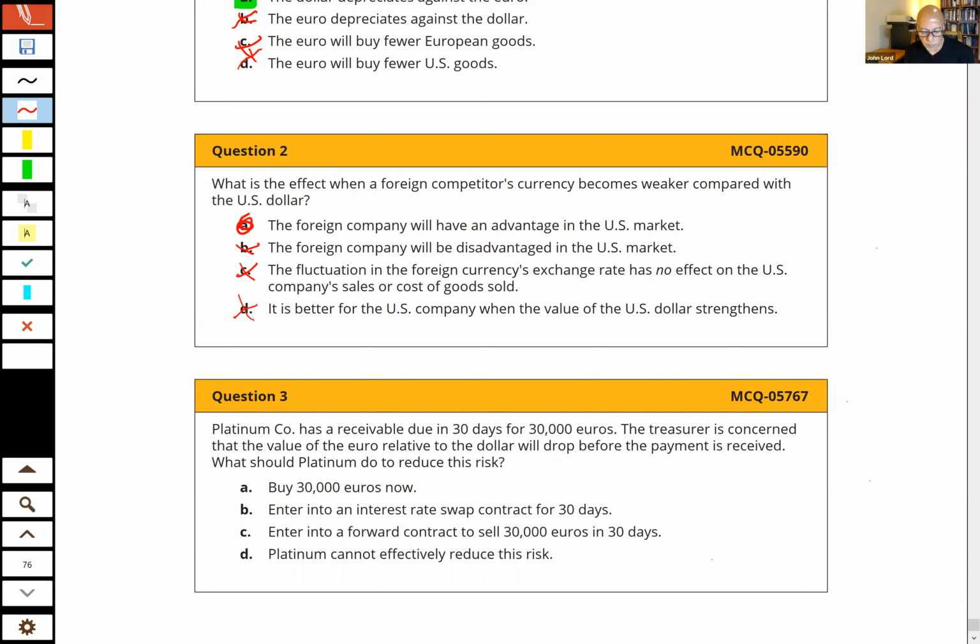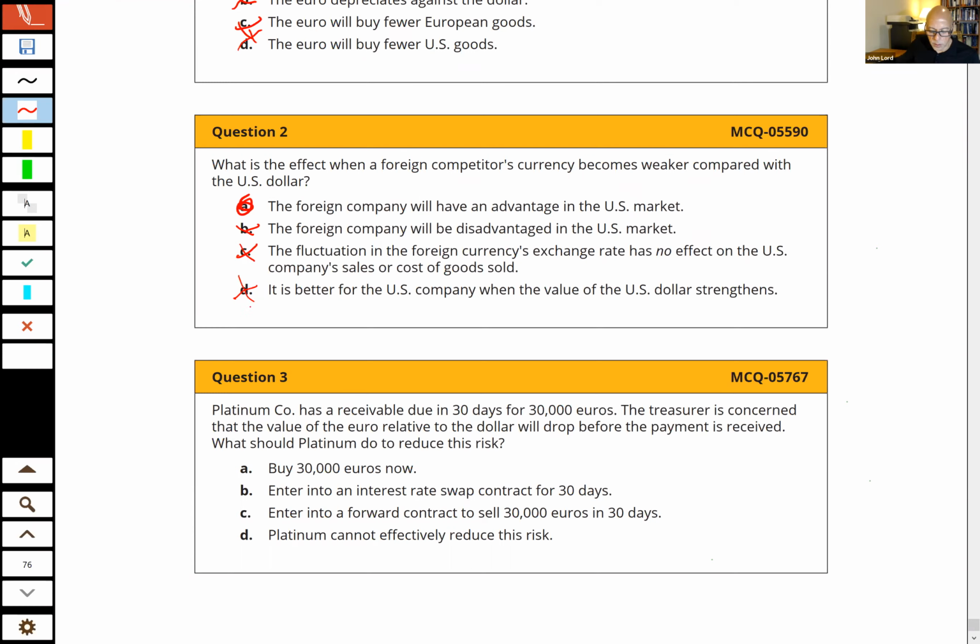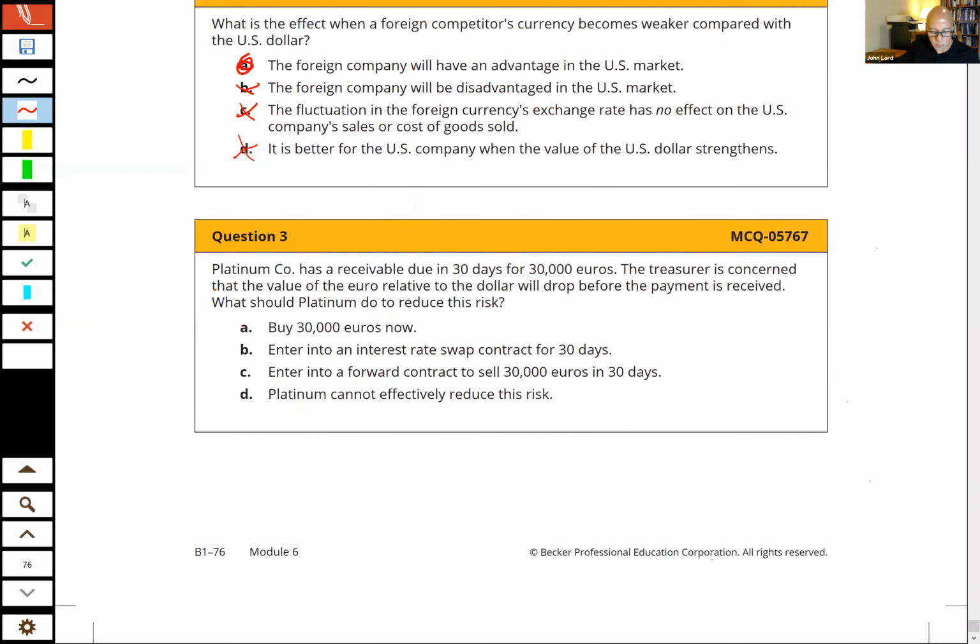So it's not to an advantage because their exports are going to be more expensive. So the foreign company will have the advantage in the US market. Okay. All right, good. Let's take a look at the next one.